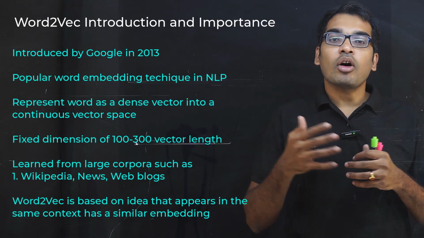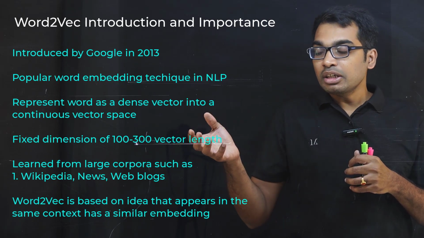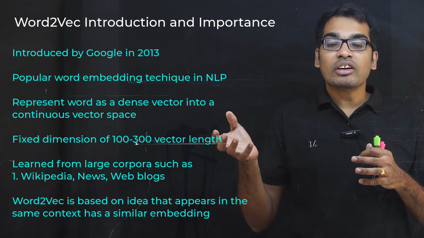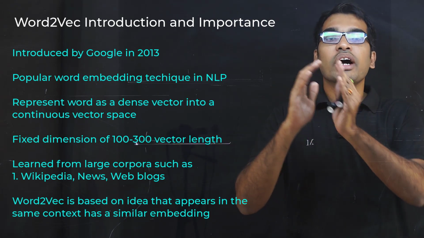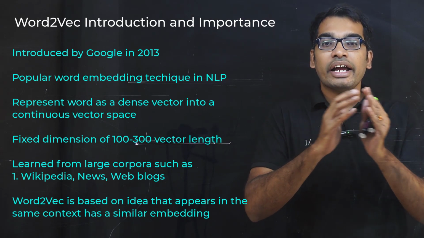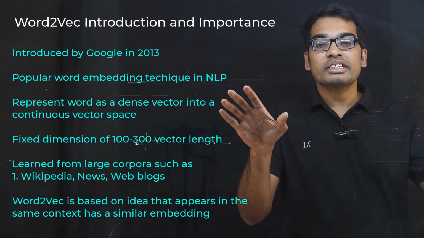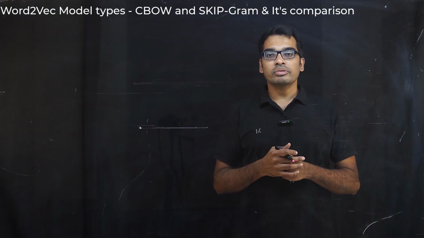The most important thing is that it is based on the concept that similar context words need to have similar embeddings, and if you have a different context, they should be in a completely different space of the embedding space.